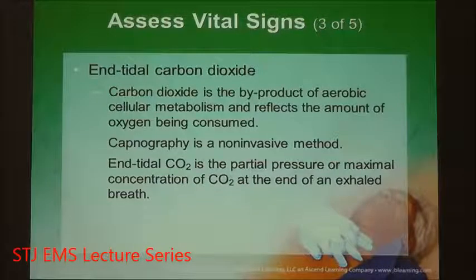So 35 to 45 torr pressure is the correct end-tidal CO2 to show that the body is operating at the correct cycle. Anything greater, and there's excess CO2. Anything less, and the body is not producing CO2, which means that the cells are hypoperfusing.